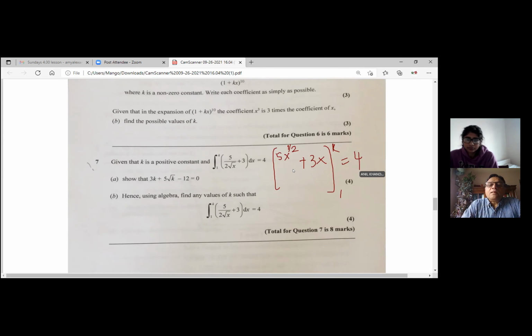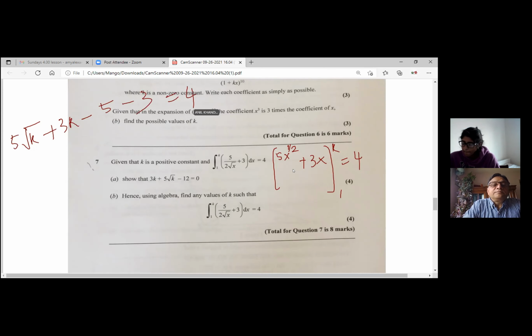So now you can plug in k here instead of x. What do you get? 5 square root k plus 3k, minus, when you put 1 here, it is 5 plus 3. Equals 4.